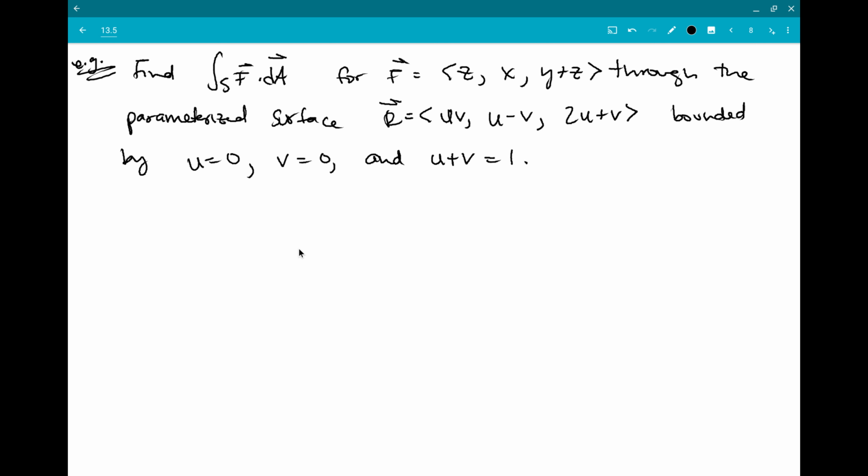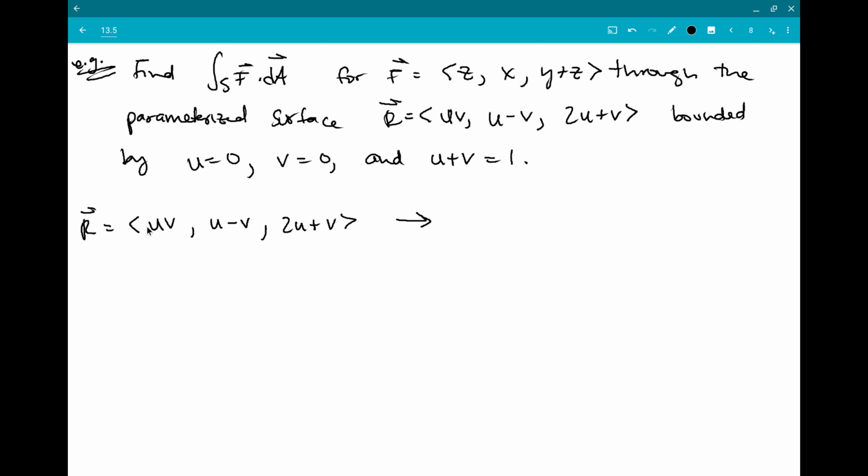Okay, so first up, I'm going to identify my parameterized surface. So r equals uv, u minus v, 2u plus v.